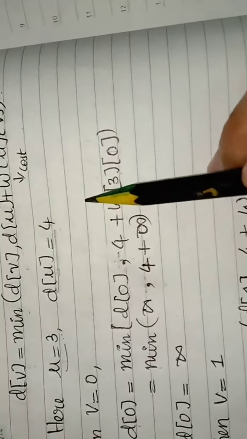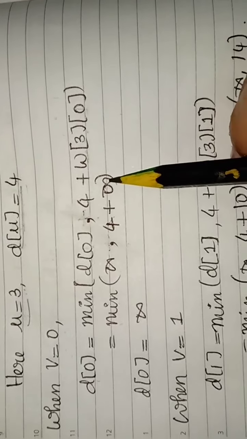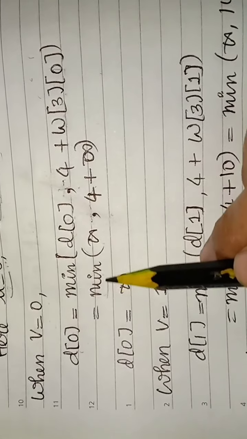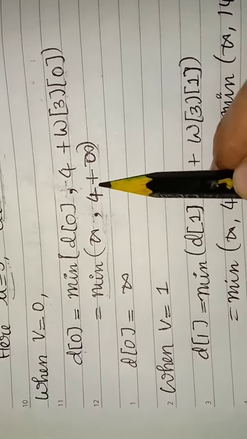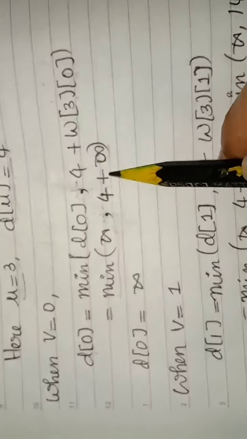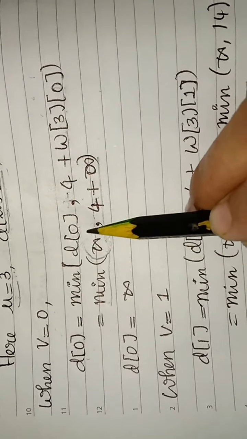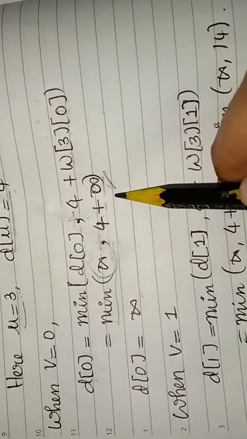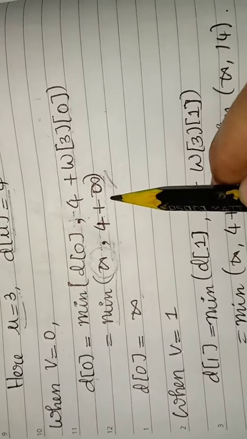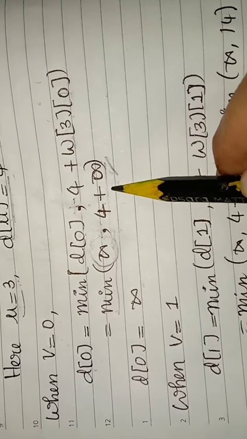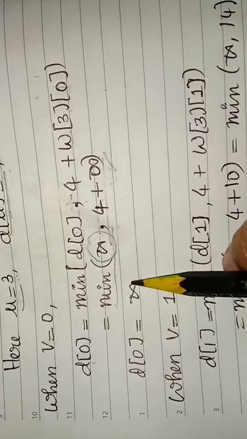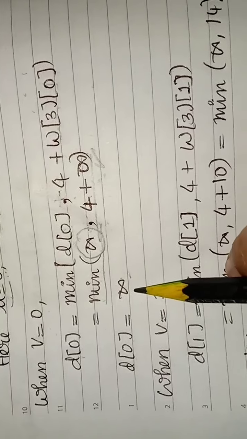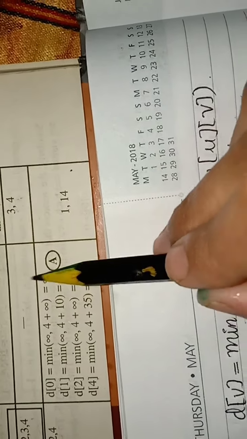Here you don't have any direct connection, so you just take it as infinity. So between infinity comma 4 plus infinity, which is the minimum? You find this as minimum because 4 plus infinity will increase. Compared to this it is increasing, so you take the minimum as infinity. So d of 0 will be infinity. Here they have taken d of 0 as infinity.